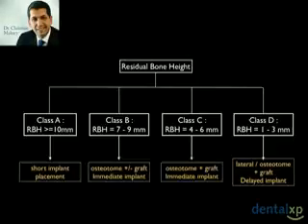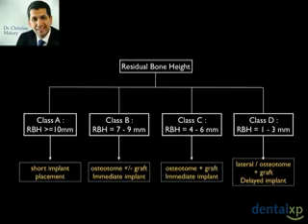Today, after what I showed you clinically, I would say that my new consensus would say that if we had 10 millimeter of residual bone height, we will definitely place a short implant, and we have a very predictable result with a 10 millimeter implant, and there is no need to do a sinus lift procedure.